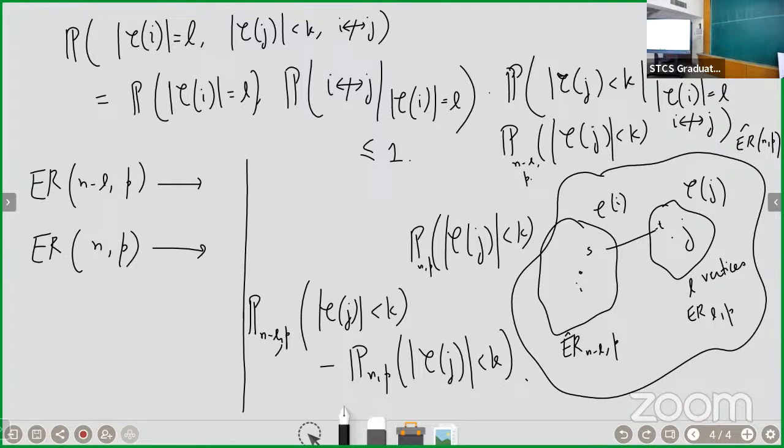Look at this big graph. In this big graph, what is happening? In the smaller graph, the component size is less than k. In the larger graph, also, the component size is less than k. What is going on? And I'm subtracting that probability.